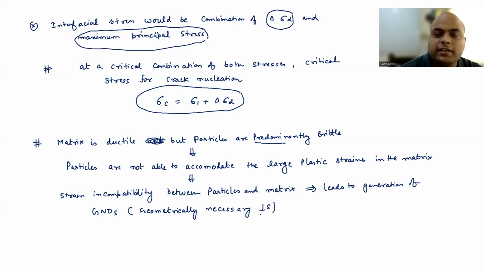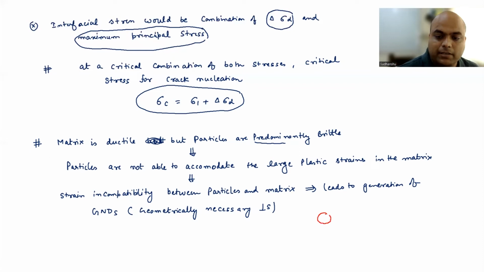Okay. So there is an incompatibility between the matrix and the particle. So there is a strain gradient. And to accommodate that, we are going to have more number of dislocations. And that's why this is also called geometrically necessary dislocations. And these are also going to increase the stress, right?